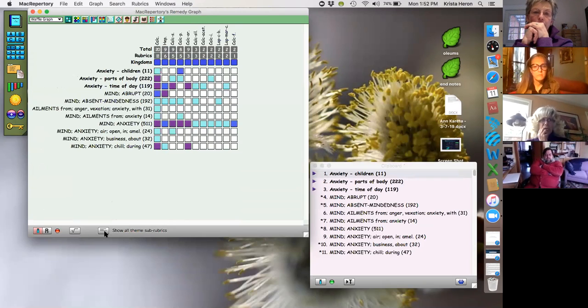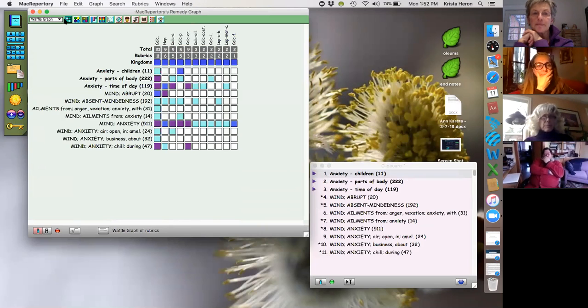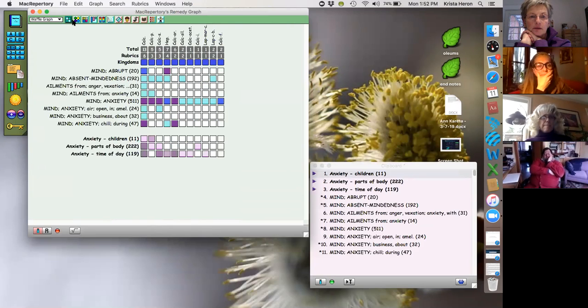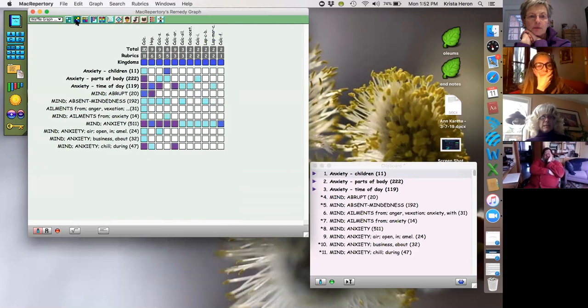Okay, so for your visualization, or the way your mind thinks, if you don't like a waffle graph, this is called a waffle graph, then you can choose all sorts of different graphs up here at the top. See how it says waffle graph on my upper spot? Or there's just a little picture of it. If you go to the next one, it just changes it up.